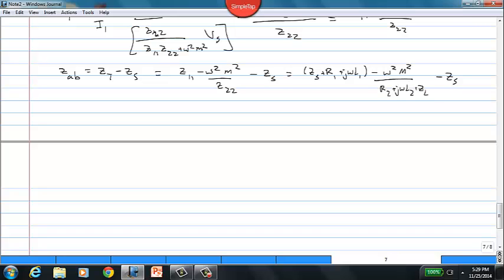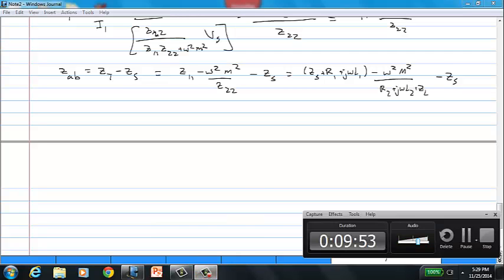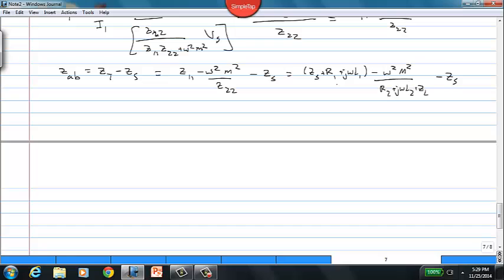And what that results in is that the ZS's cancel here, right? And I'm just left with ZAB equal to R1 plus j omega L1.